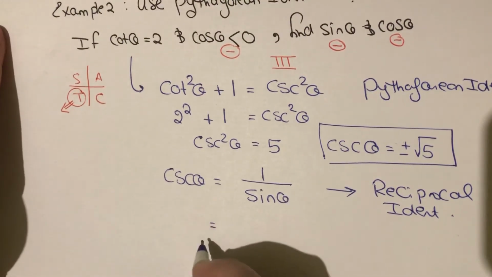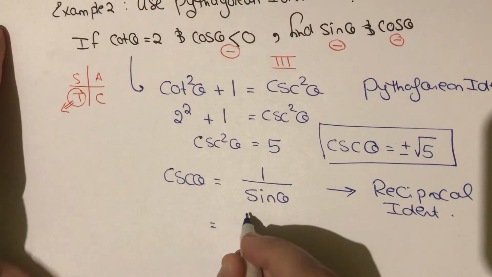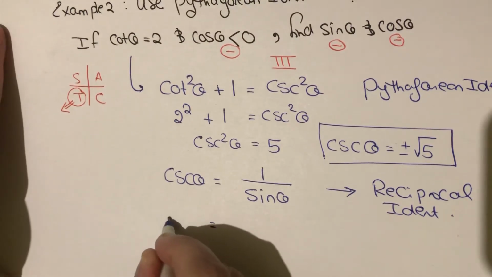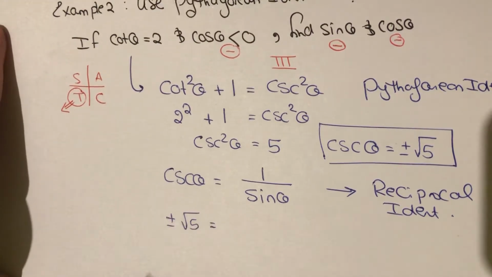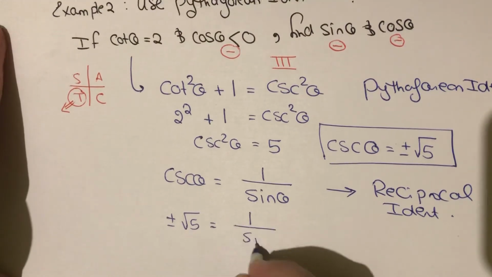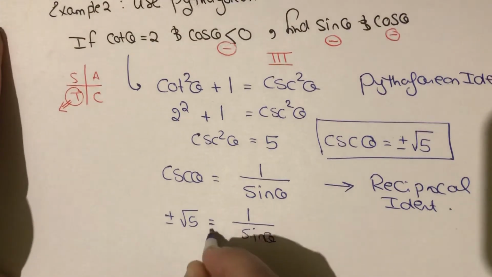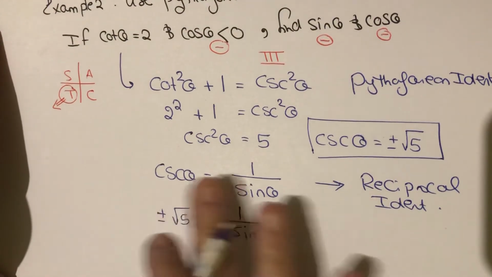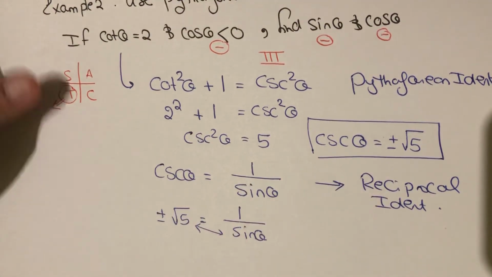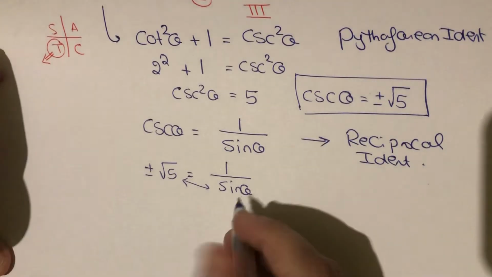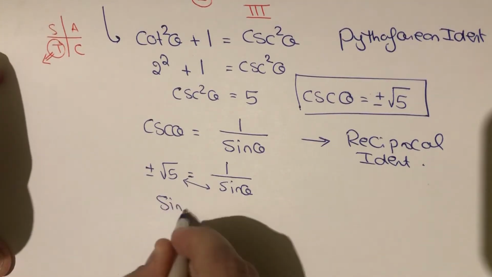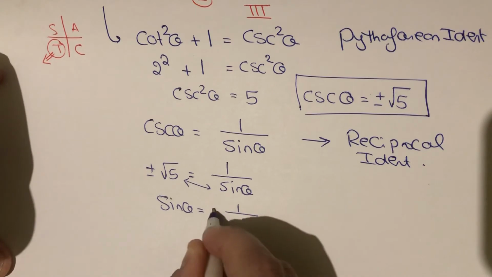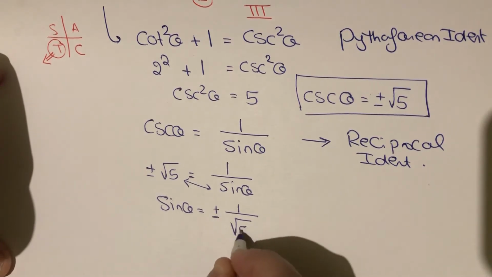So now that I have plus or minus root of 5 equal to 1 over sine theta, I can swap places, or from the beginning, maybe I would have used sine is equal to 1 over cosec. Anyways, the final answer is that sine theta is going to equal 1 over plus or minus root of 5.